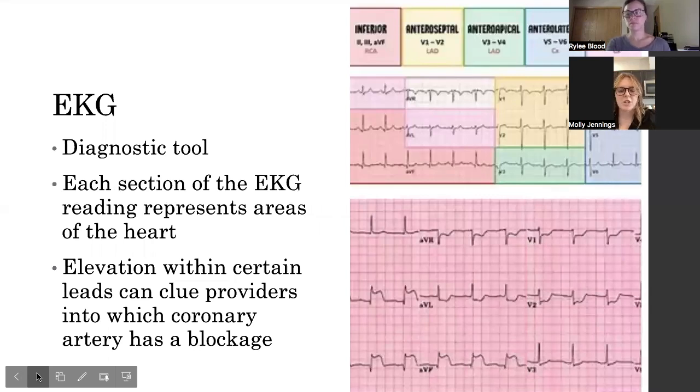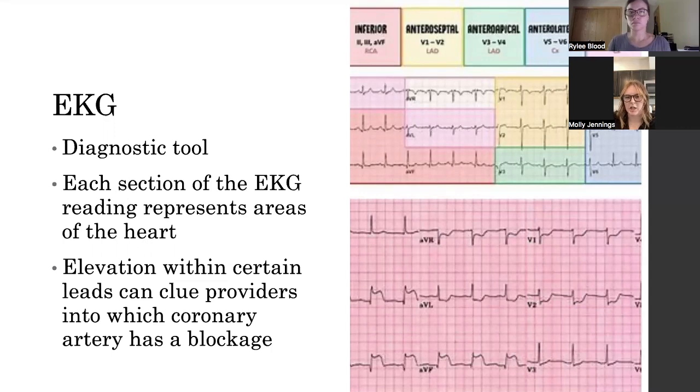All right, and now I just want to talk a little bit more about an EKG, as it is the primary diagnostic tool for a STEMI and is really a true indicator of whether you're having one, given the time sensitivity involved with STEMIs. Each section of an EKG, which you can see with the different shades of colors in that top image, shows a different area of the heart with the cardiac leads.